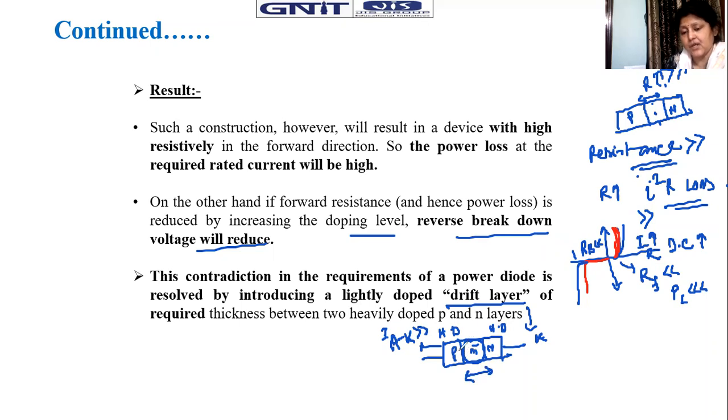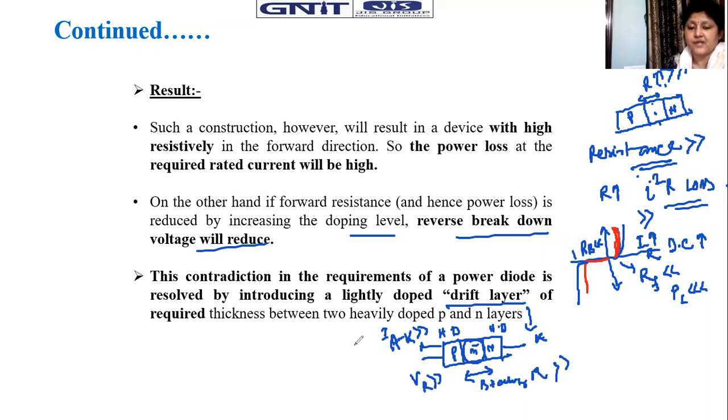So obviously the depletion layer will spread throughout this N minus layer, and the blocking region will be enhanced. If the blocking region is enhanced, the voltage rating will be very high.